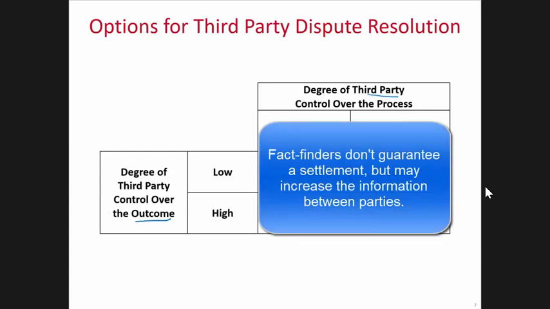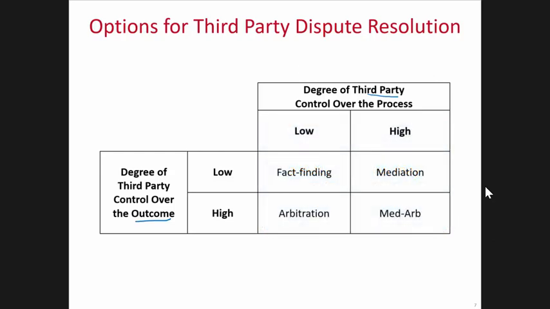The fact-finder develops a set of unbiased settlement terms that can help the negotiators reevaluate their positions and attempt to find an acceptable compromise. This lets the union or management negotiators save face by making concessions under the guise of the report from that fact-finder instead of appearing to be weak and giving in to the other side.